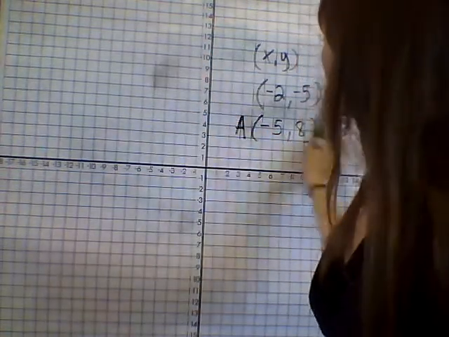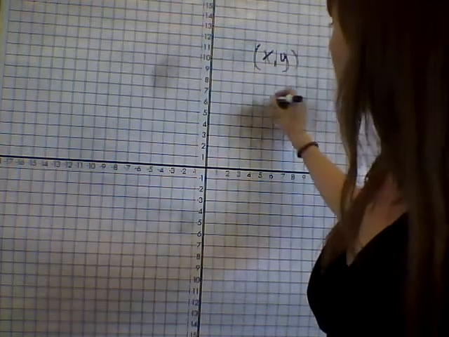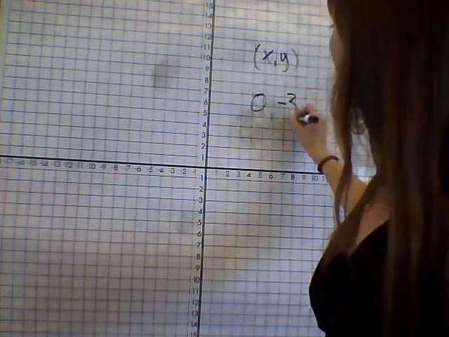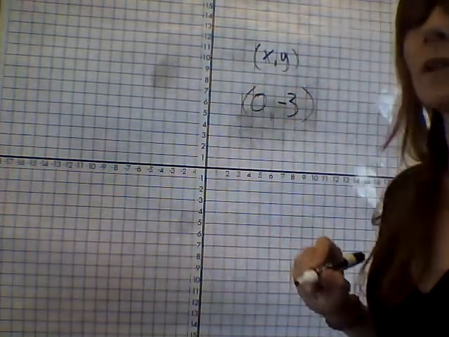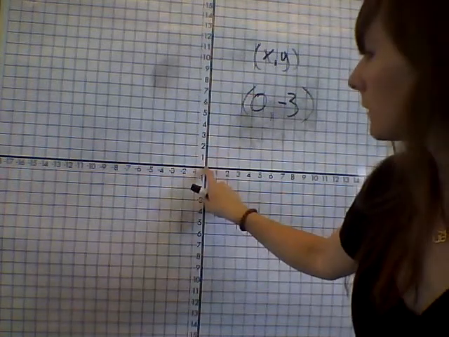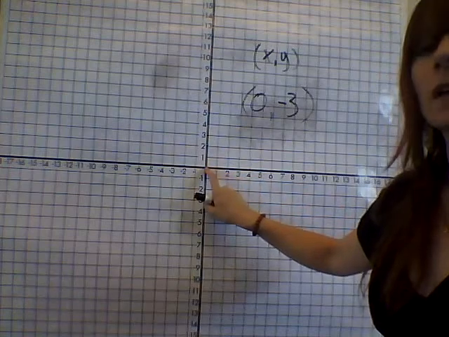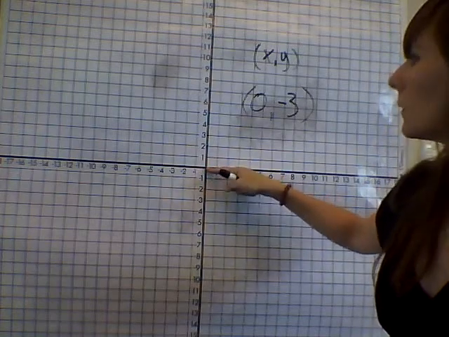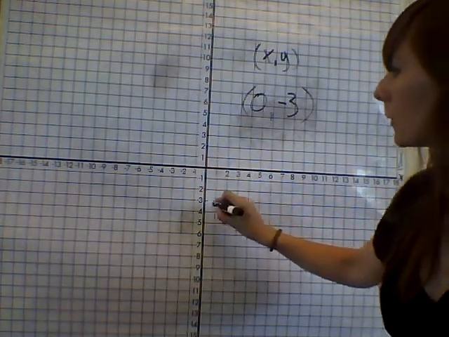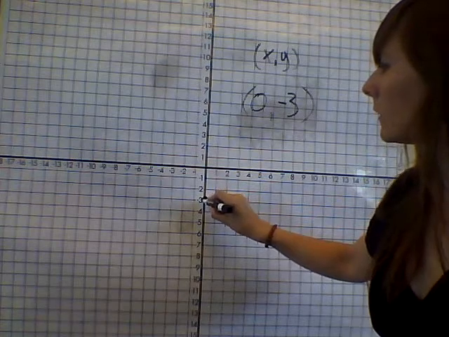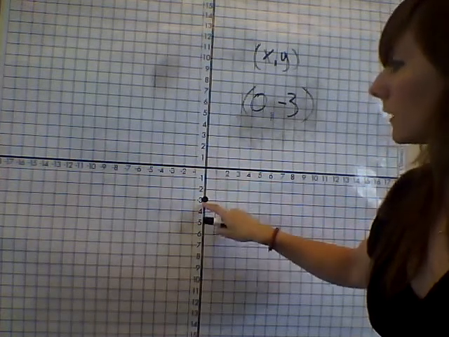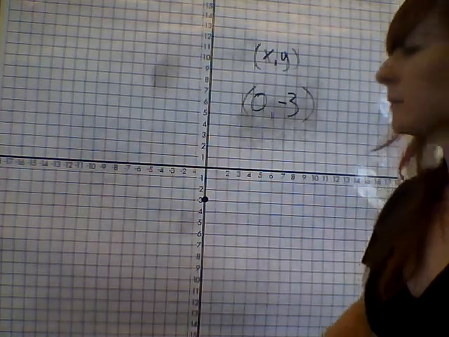If you're graphing a coordinate that has 0 in it, for example, 0, -3, that's 0 on the x-axis. That means it doesn't go off the x-axis to the left or to the right. It stays on it. But it's going to go down -3 on the y. So my point is going to stay at 0 on the x and go down to -3 on the y.